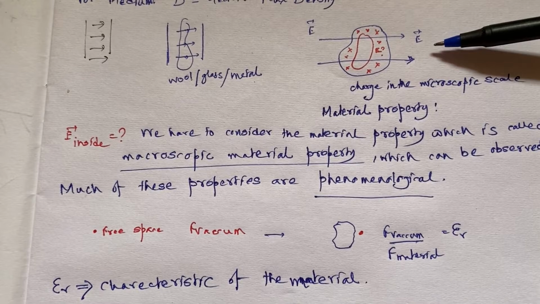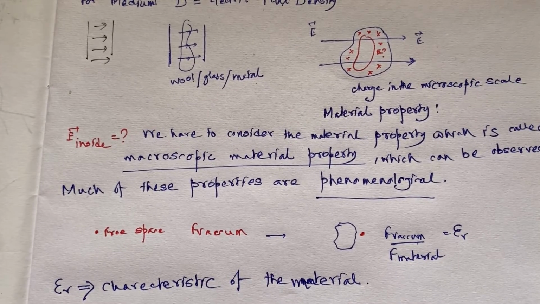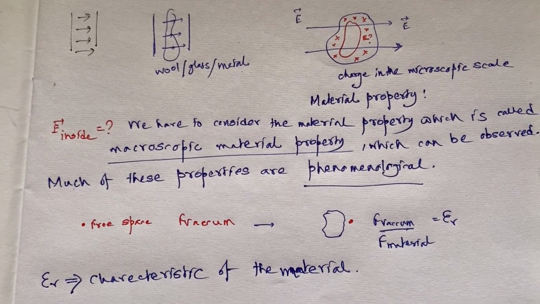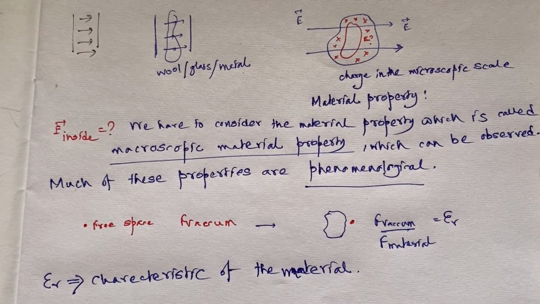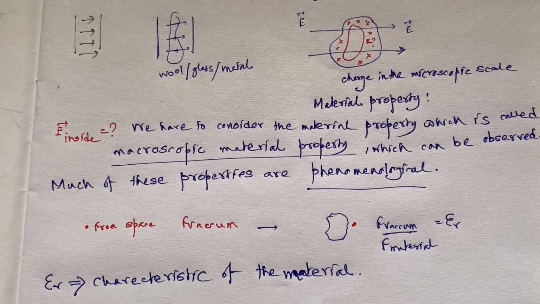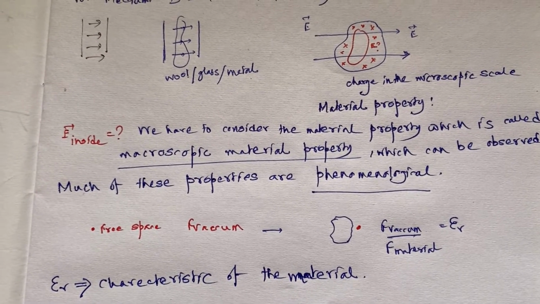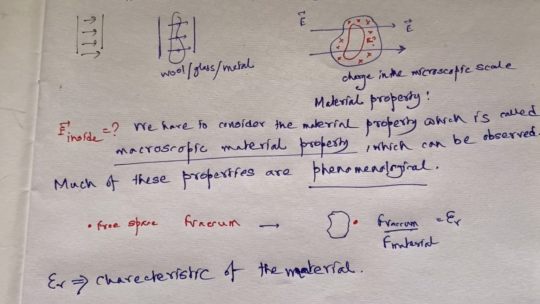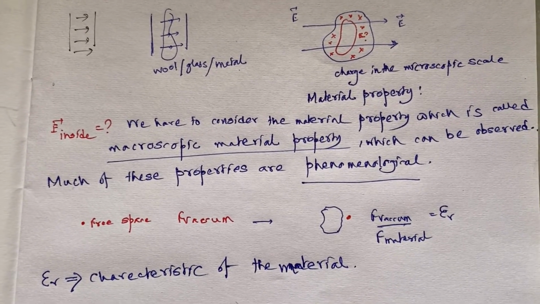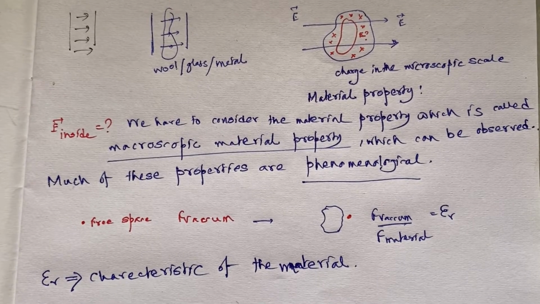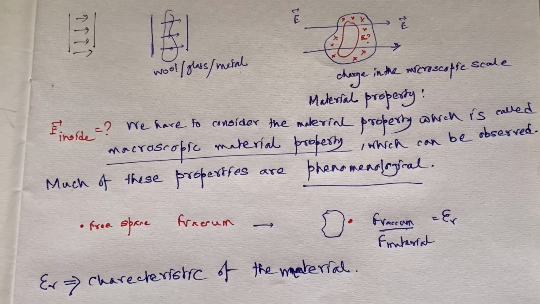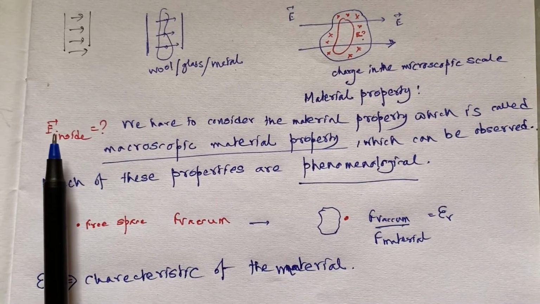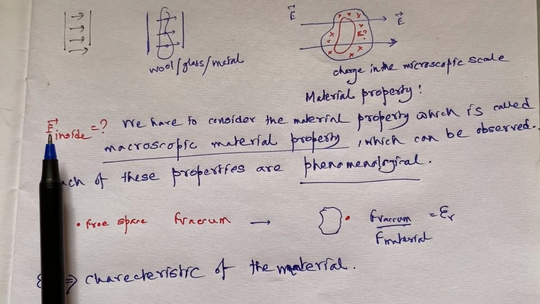and in order to account for the modified electric field, we need to consider some phenomenological property, which is called a macroscopic material property, and this is characteristic of that particular material. We need to know that material property in order to investigate the electric field inside the material.